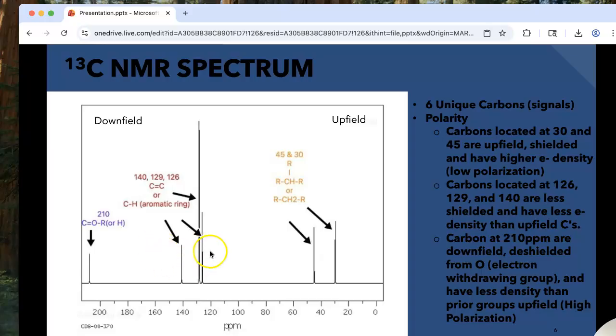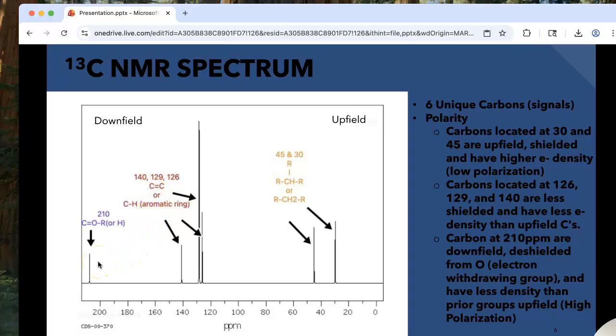Next to that, we have this middle section here. This can be indicative of a C=C bond, so alkenes, or a CH aromatic ring. There's 3 signals there at 140, 129, and 126. These have less electron density than the upfield alkyl groups, but more than the carbonyl group, which we're about to get to, due to these double bond potential in the aromatic ring or in the alkene.